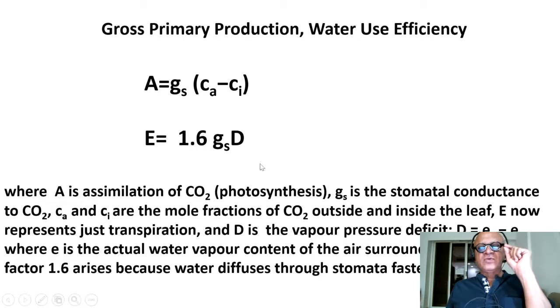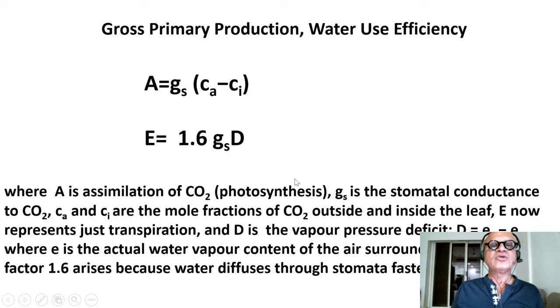Okay, so transpiration then is some factor 1.6, which arises because water diffuses through the stomata faster than CO2 can. Okay, that's just a physiological reality. And again, GS is the stomatal conductance, and D is this water vapor deficit.